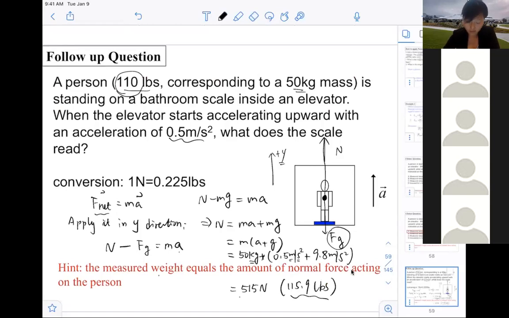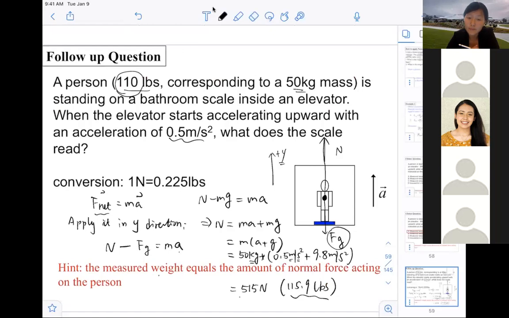Any questions about this particular problem so far? I did have a question. Yes. Why wouldn't it be negative ma, if given the equation, the absolute value of N minus FG equals ma, minus ma equals 0?